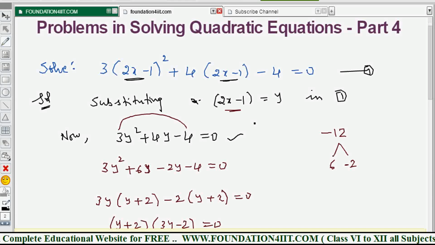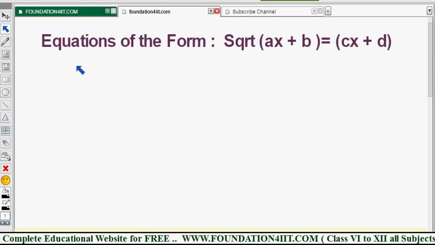This is how to solve sums in different examples. And not only this, the equation can come in different forms, so apart from these examples, there are quadratic equations in other forms also. Those problems I'll explain now, you see. Some of the questions in quadratic equations are in this form: square root of ax plus b is equal to cx plus d.